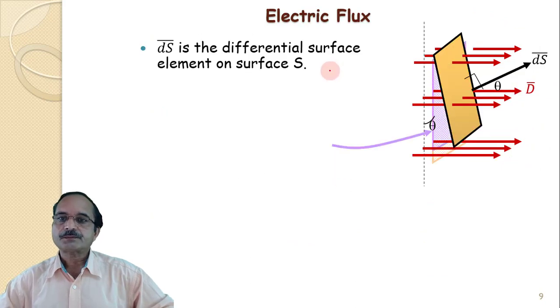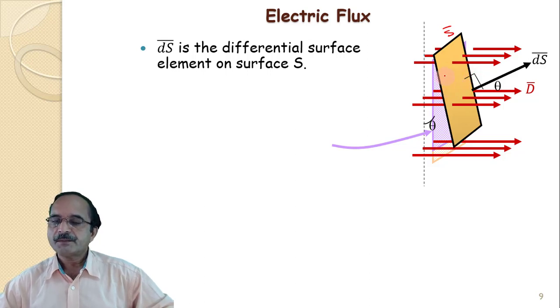Now ds, as you know, the surface S is a vector quantity. As we have seen, if theta is equal to 0, all the flux passes through this surface. If the surface is tilted by angle theta, then the flux passing through this surface is the component of this flux which is in the direction of ds, that means the given area.